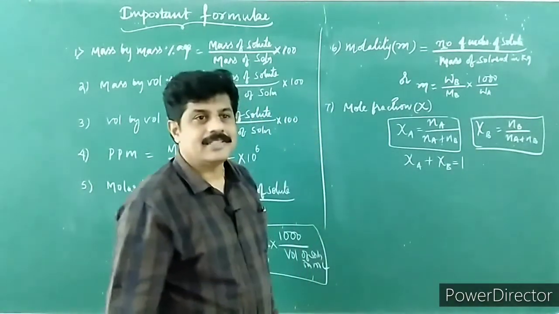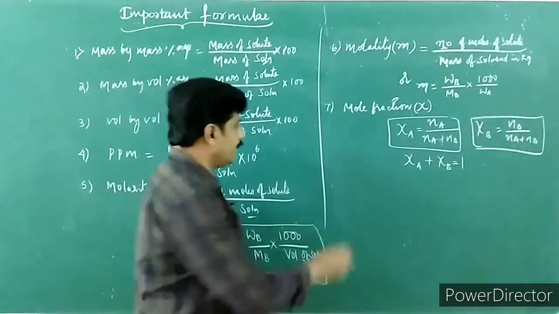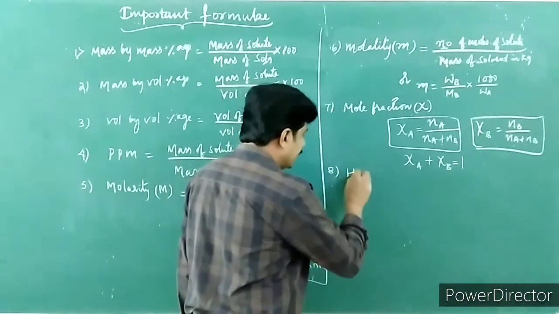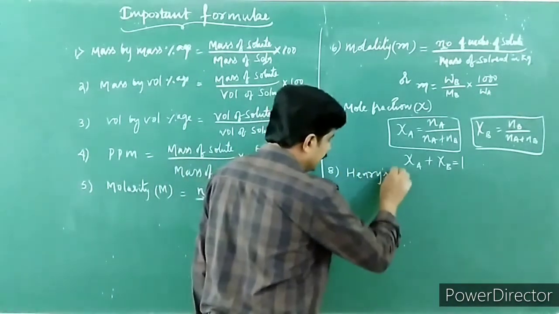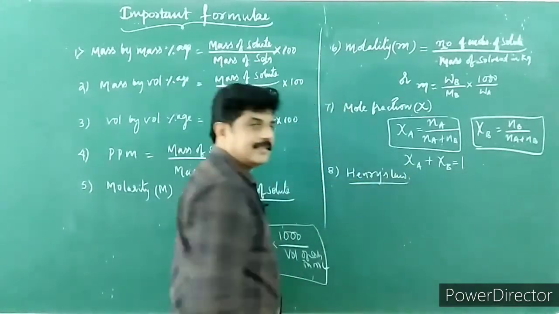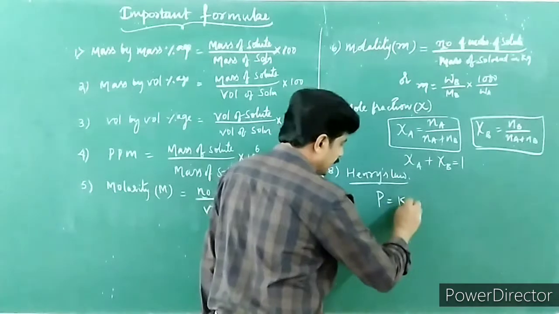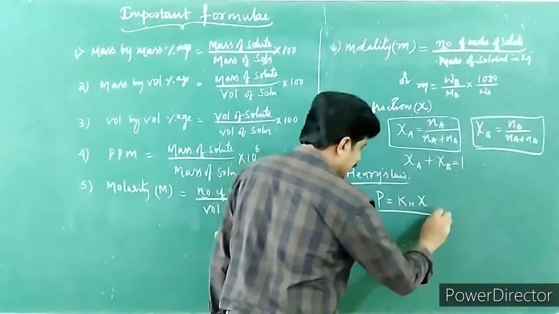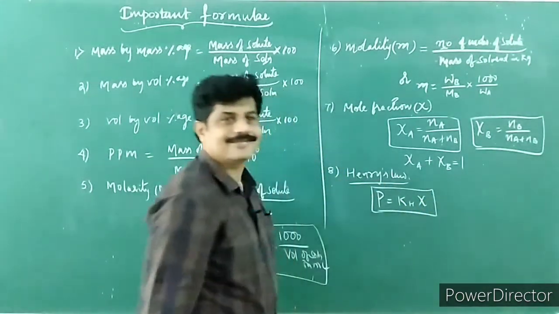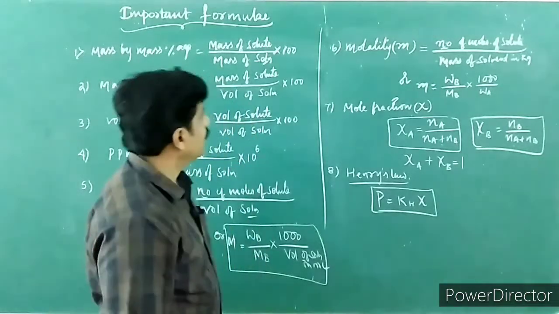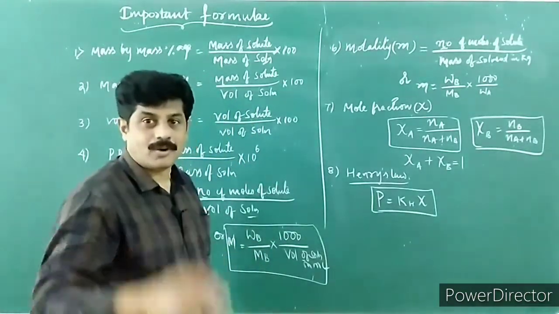Is it not? Children, after this, you have learnt about Henry's law. What is that? Henry's law. P is equal to KH into chi. Is it not? Now next one is Raoult's law.